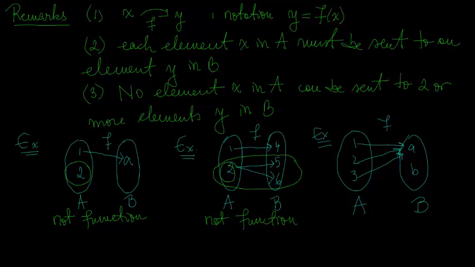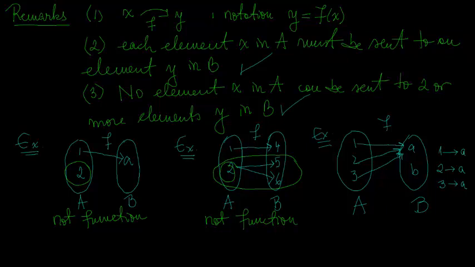Well, let's check the two conditions. Is every single element in A being assigned a corresponding y value? Yes, so this condition is satisfied. How about that no element x can be sent to 2 or more elements y in B? Well, looking at this, we notice that 1 is really being sent to only one y element A. 2 is being sent to one y element A again, and 3 is being sent to one y element A. So also the second condition is satisfied.